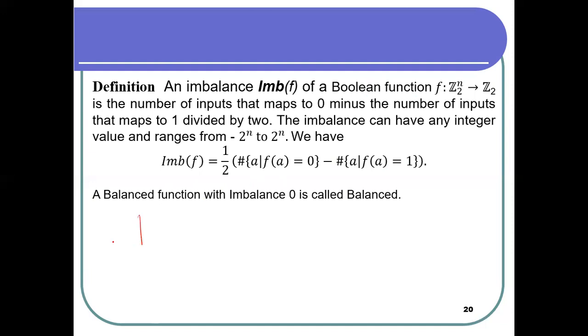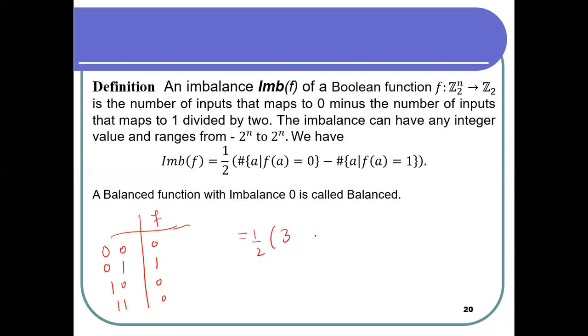If I have inputs 0 0, 0 1, 1 0 and 1 1, and my function is 0 1 0 0, how many places are there for which the output is 0? I have three places.